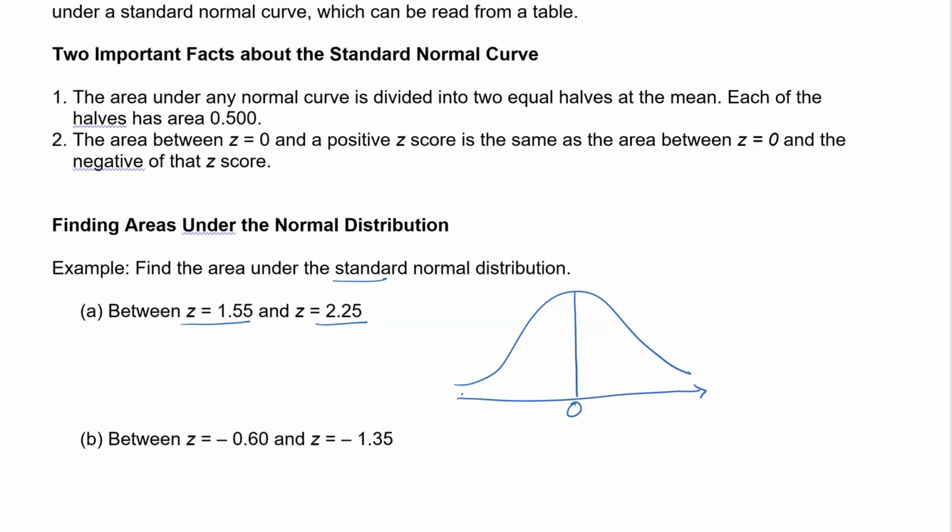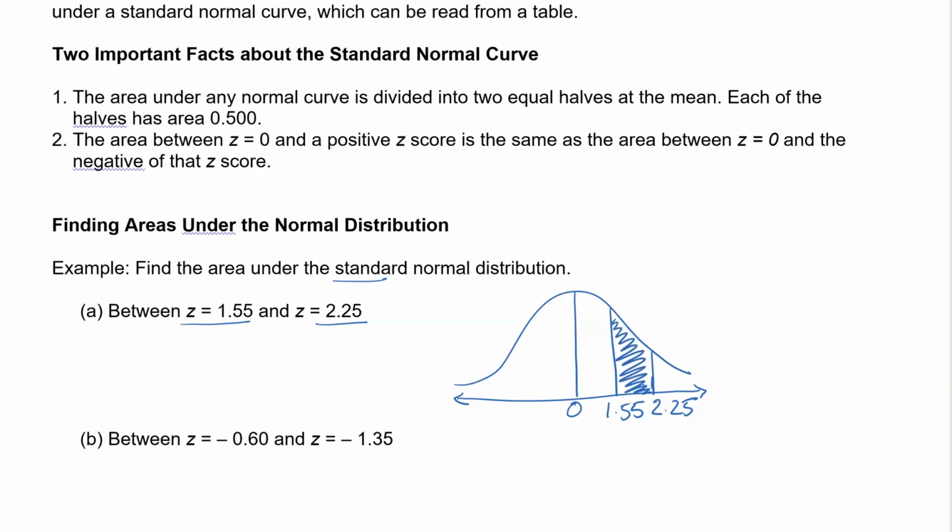The bottom line is a number line, so if 0 is in the middle, 1.55 is to the right because it's positive. I'll draw a line here and label it 1.55. 2.25 is bigger than that number, so I go to the right again. I just make sure I'm going in the right direction. Then I shade the area between those two values.